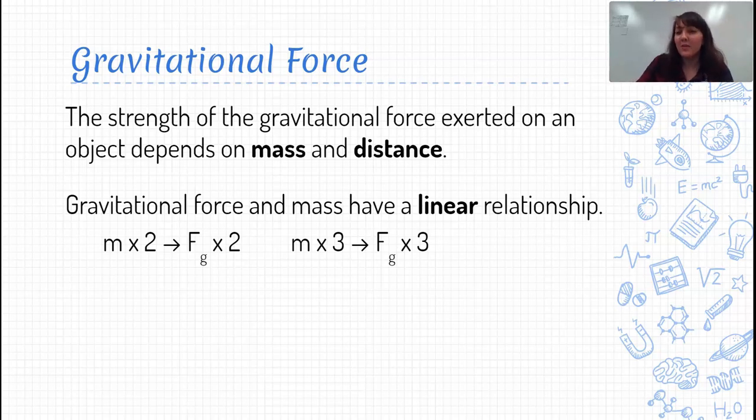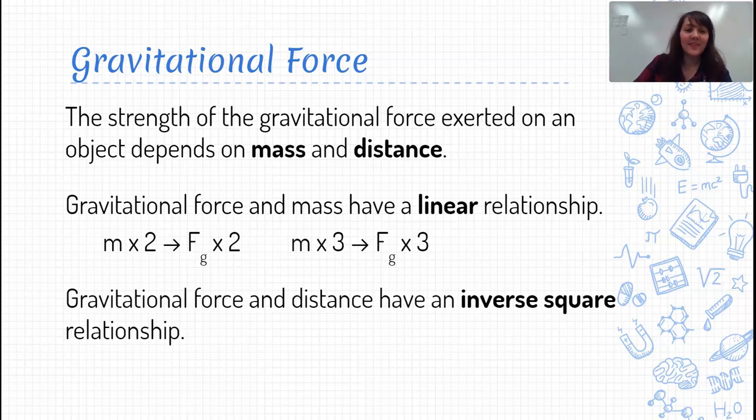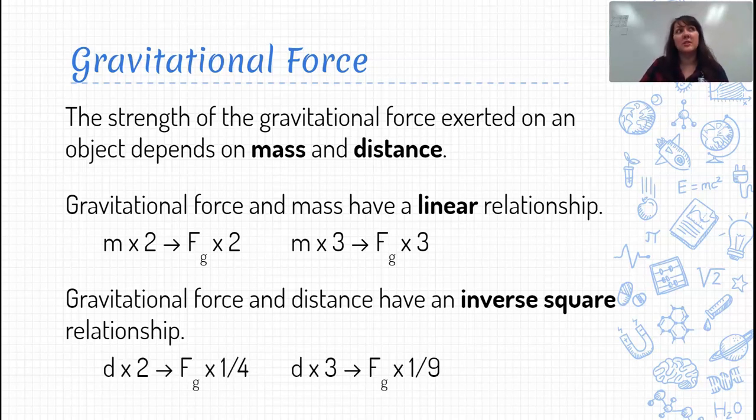What about gravitational force and distance? What type of relationship relates those two together? Well, as we saw in our investigation in class, gravitational force and distance have an inverse square relationship, which first of all means that as we increase the distance between two objects, the gravitational force decreases. But it doesn't just decrease at like a 1-to-1 ratio.